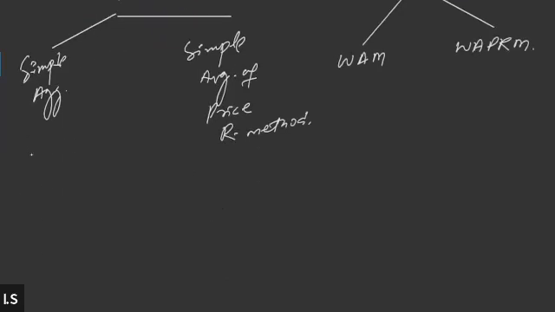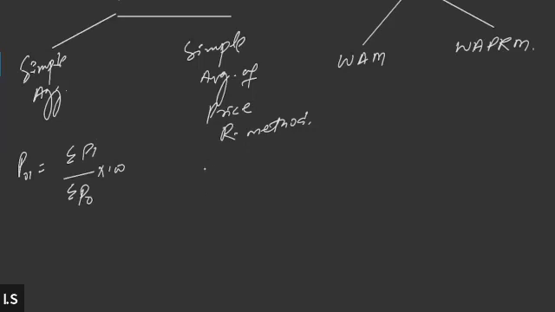After that we covered different formulas of these methods. While discussing the simple aggregative method, I told you that simple index number can be calculated by applying this formula: P01 equals sigma P1 divided by sigma P0 into 100. This was the formula of simple aggregative method.